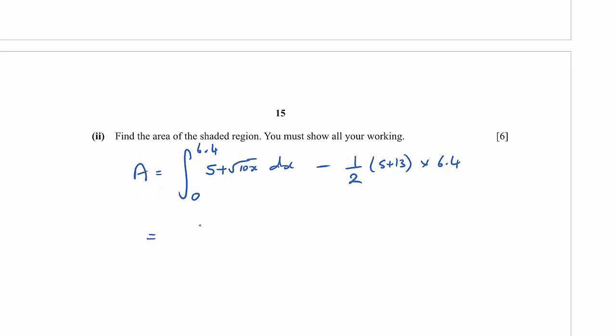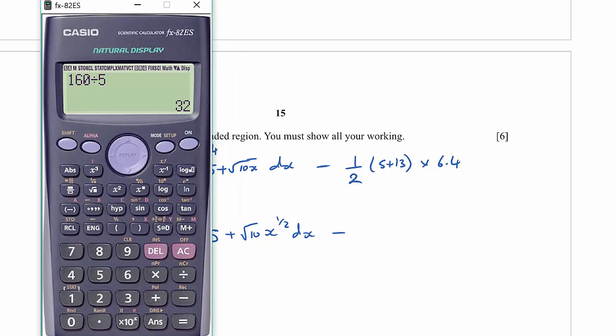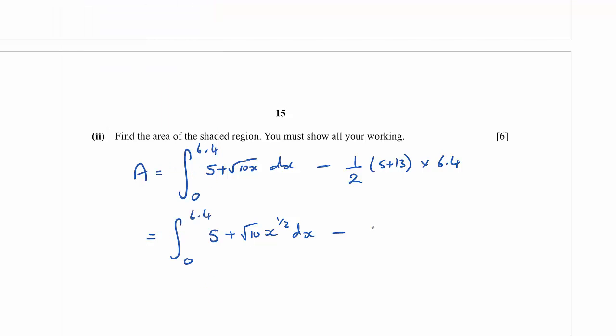So, what have we got here? The integral from 0 to 6.4 of 5 plus (10x) to the half, and we could probably work that one out now. So 5 plus 13, 18, half of that's 9, 9 times 6.4 is 288 over 5, or 57.6.